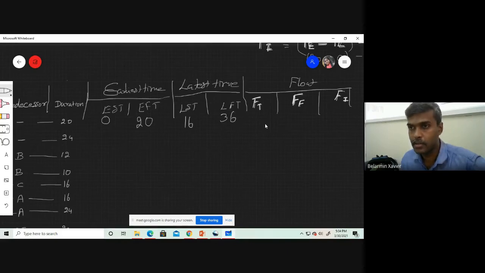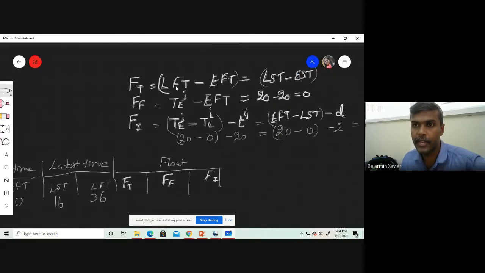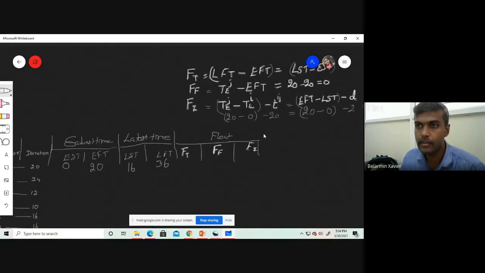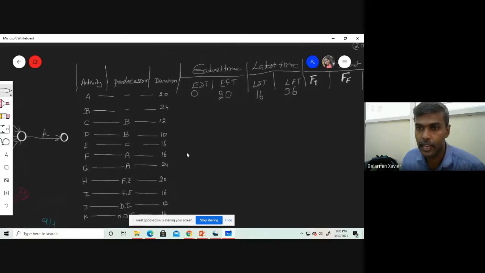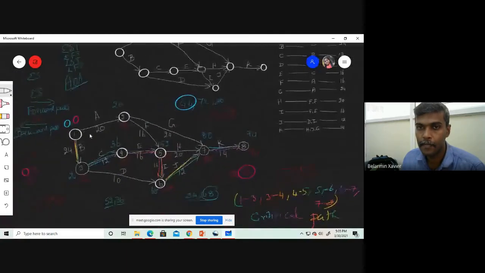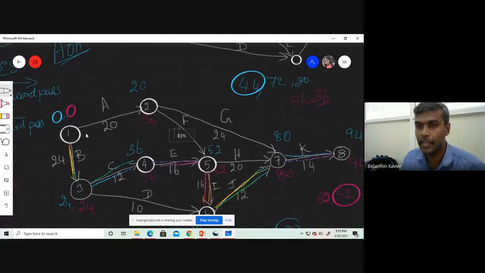The next step is to calculate total float, free float, and independent float. So the total float formula is the difference between latest finishing and earliest finishing, otherwise the latest starting and earliest starting. You can see the latest finishing and earliest finishing time of activity A. What is the latest finishing time of activity A?